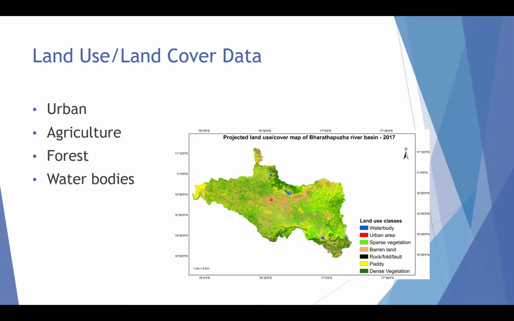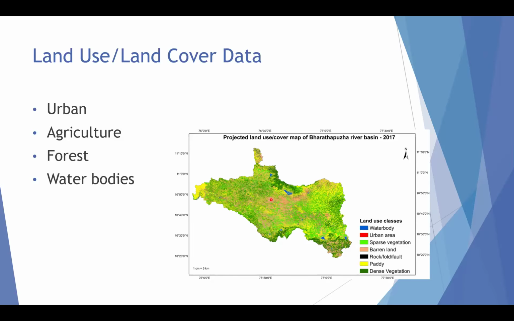For instance, let us say you have a slopey terrain, and if I have vegetation on that slopey terrain, then my runoff will reduce. Why? You always know that your velocity of flow depends on roughness. As the roughness increases, velocity reduces.